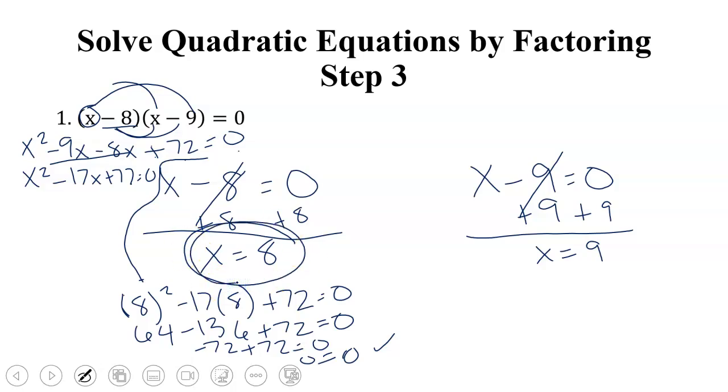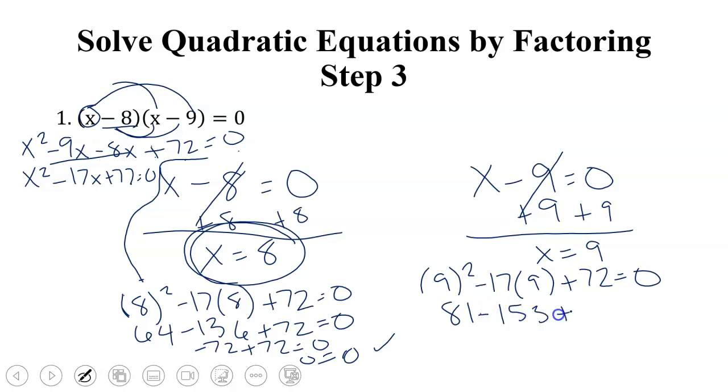So now let's plug in 9. So start over. 9 squared minus 17 times 9 plus 72 equals 0. 9 squared is 81. 17 times 9 is negative 153 plus 72 equals 0.